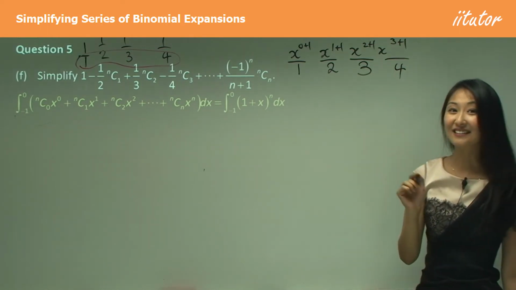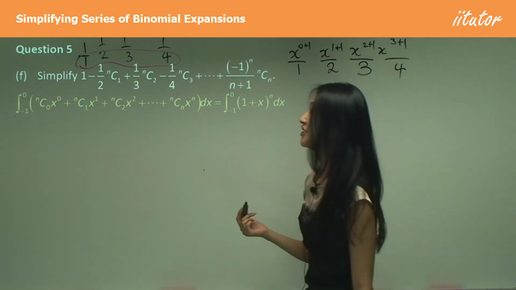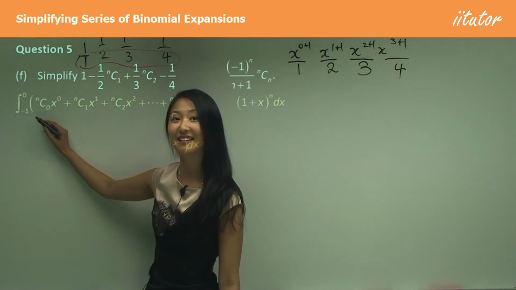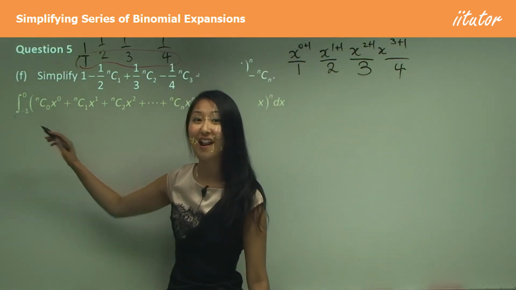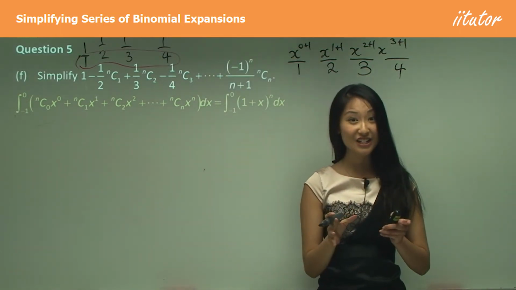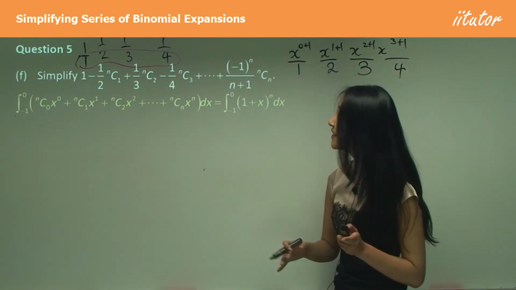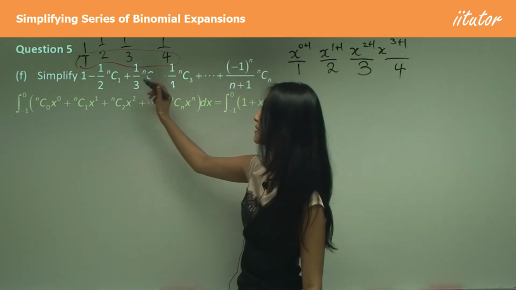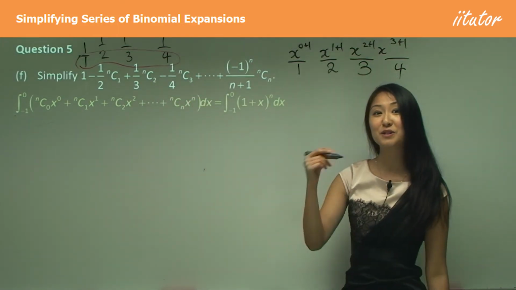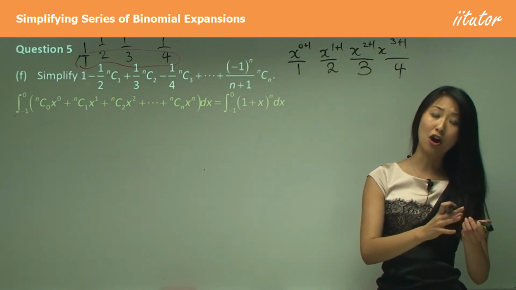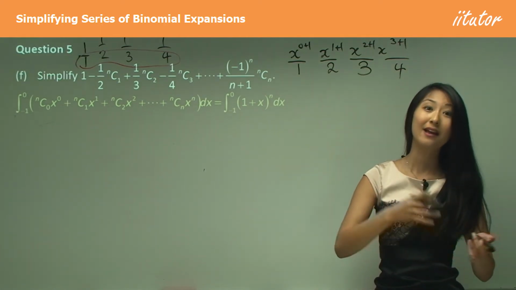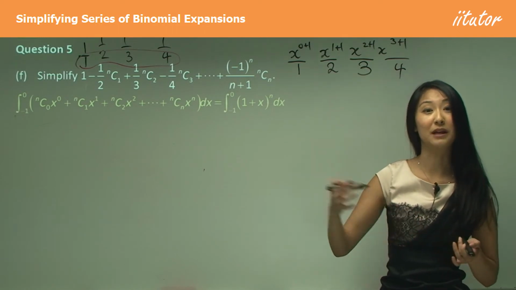Now the next thing that's really important in integration is determining these limits here. So how do I know it's 0 to negative 1? Well, that's where that second consideration I told you to think about comes into play. You could see that it's plus minus, plus minus, plus minus, which means it has to be a negative in there, right? So when it's to the power of an odd number, it's going to be negative, and when it's to the power of an even number, it's going to be positive.